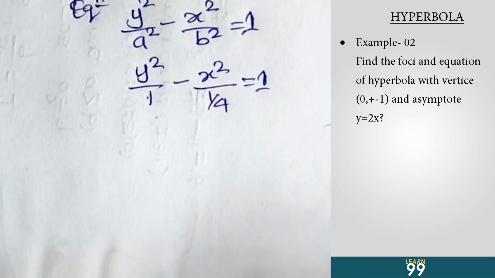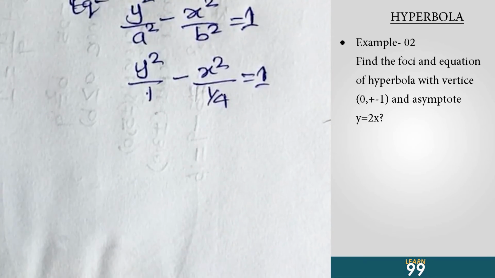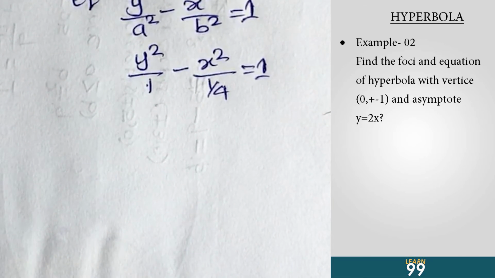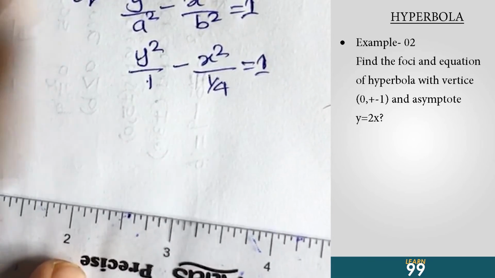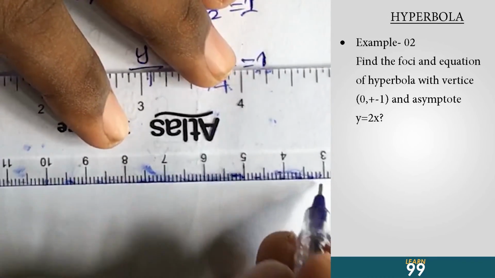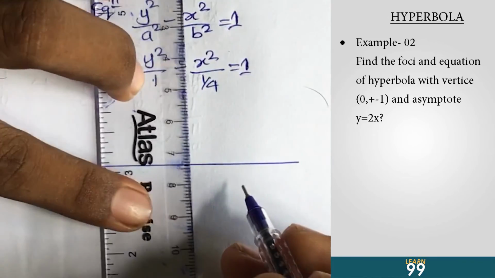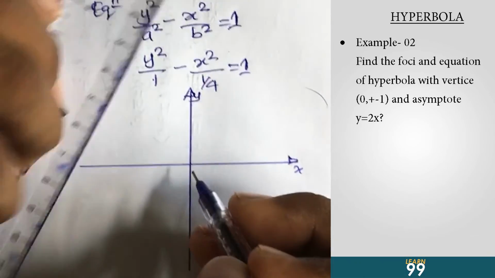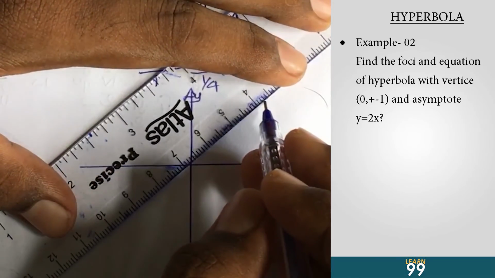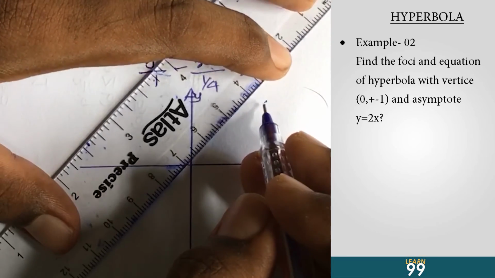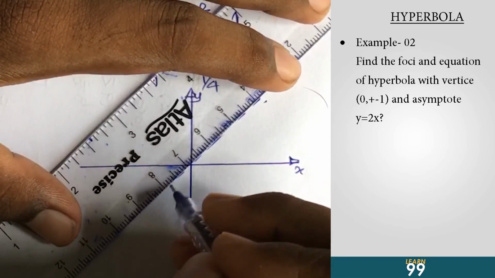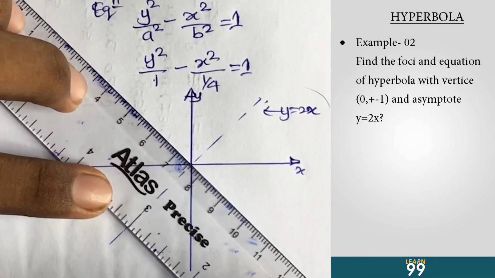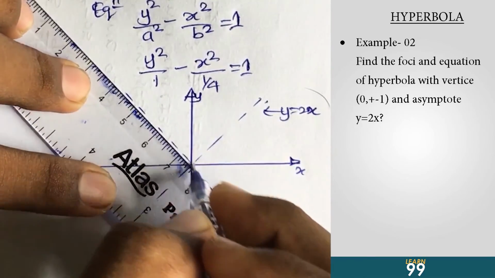Let's draw our hyperbola as we did before. First we have to define our asymptotes and draw them. Those are y equal 2x and y equal minus 2x. Let's point our foci, and also we can draw our graph.